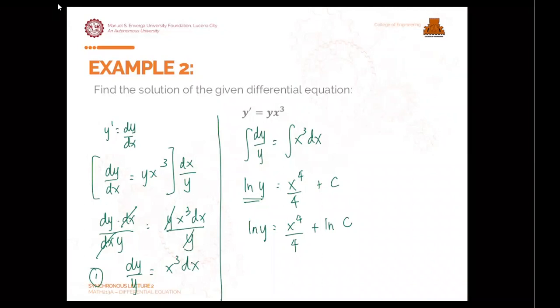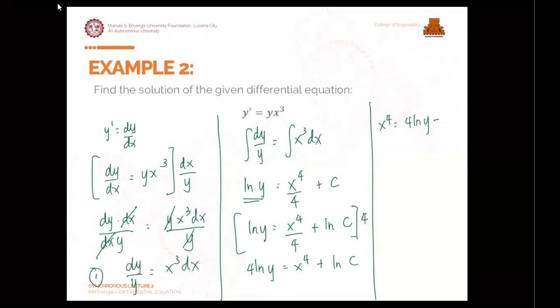Pwede natin multiply by 4 lahat ng side. Kung itong 4 ln y equals to x to the fourth plus ln c. So, pwedeng retain na ln c na lang siya kasi constant naman yan. Okay? Then, pag samahin natin yung para sa may ln, gawin natin x to the fourth is equals to 4 ln y minus ln c. So, again, constant of integration to. So, pwede siyang negative or positive. No? Walang kaso. Kahit nilipat natin, dapat negative siya, pero arbitrary constant yan.